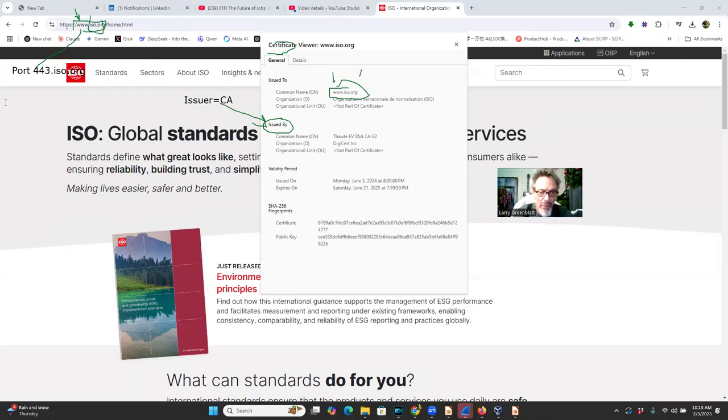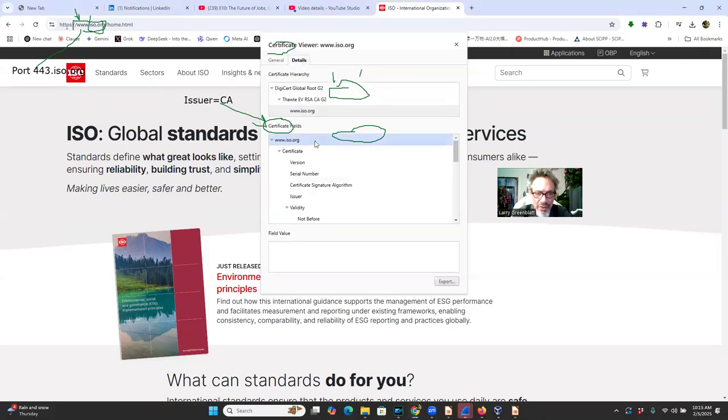But I don't know who they are. I'm not sure. Where did they get their ID? If I go to the details, I can see that the EV server is a certificate authority that got their certificate issued by DigiCert, which is a root.